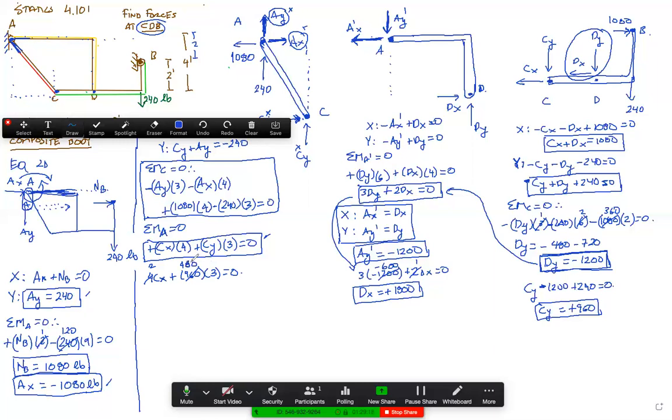Hopefully my arithmetic is right, because otherwise I'm making a fool of myself over here. Well, okay, I think that's right. Therefore, I can use 1, and therefore you get 240. Therefore CX is going to be minus 720.